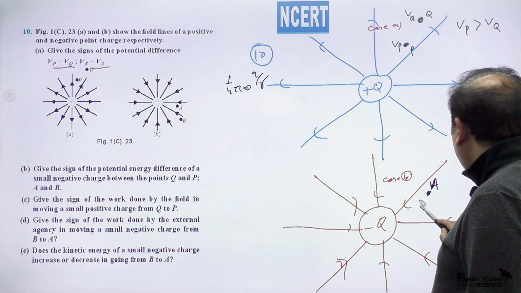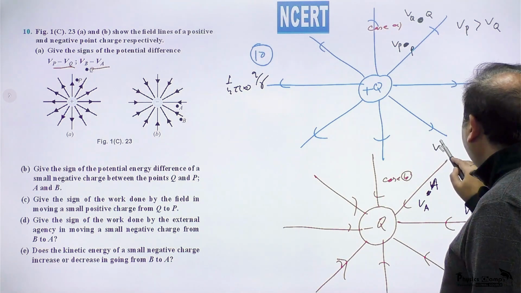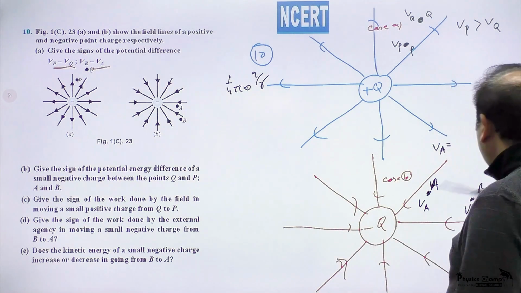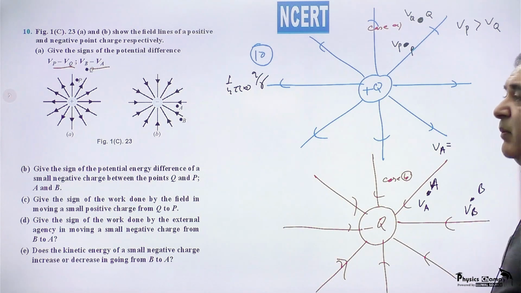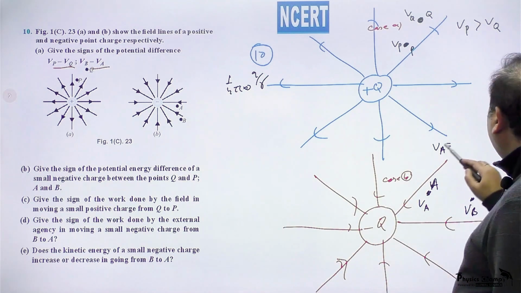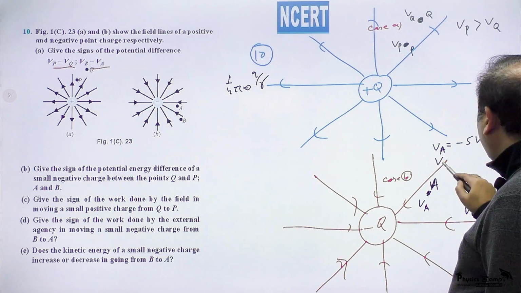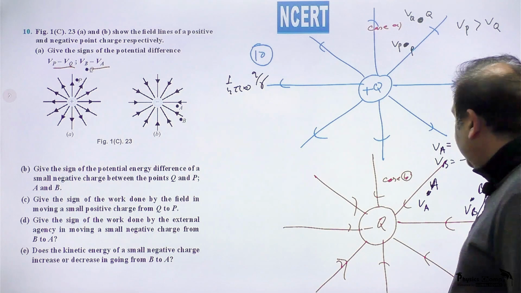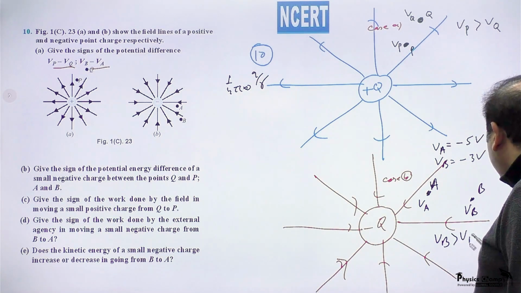Potential at A will be more negative than potential at B. Magnitude of potential at A will be higher, but it will be more negative. I can take an example, potential at A may be minus 5 volt and potential at B is minus 3 volts. So which is higher? Our answer is potential at B is actually going to be higher than potential at A.